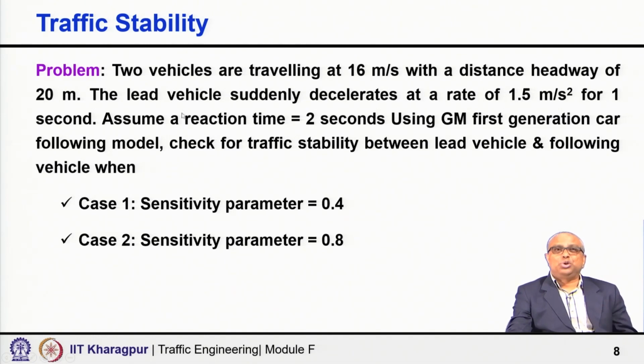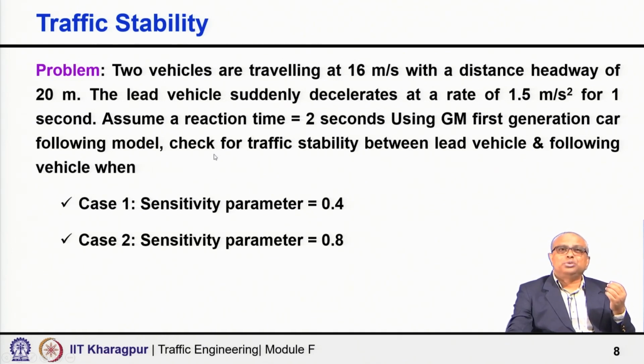Now, let us consider two vehicles travelling at 16 meter per second with a distance headway of 20 meter. The lead vehicle suddenly decelerates at a rate of 1.5 meter per second square for 1 second, and assume a reaction time of 2 seconds.